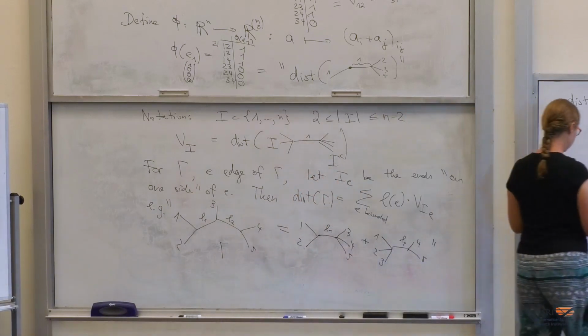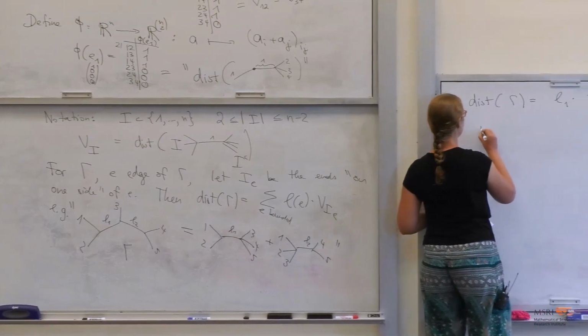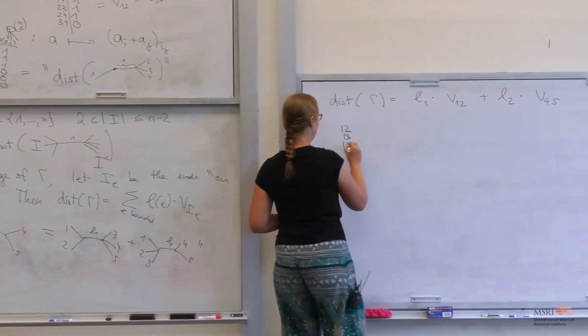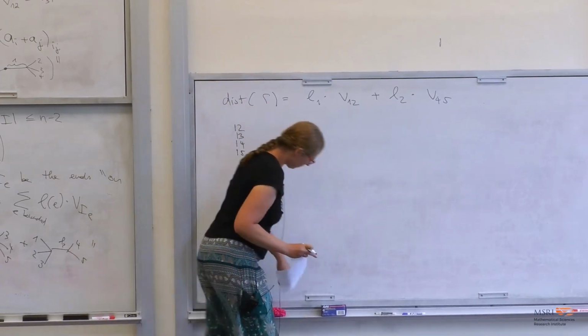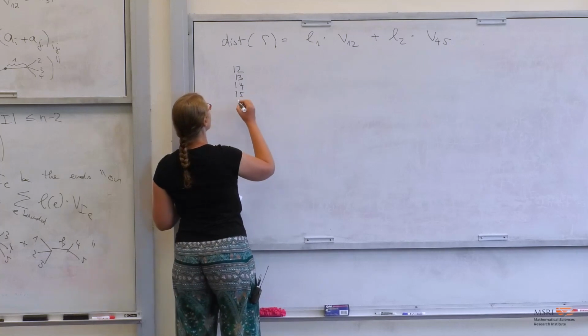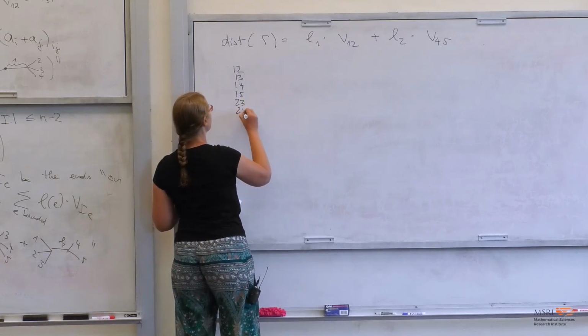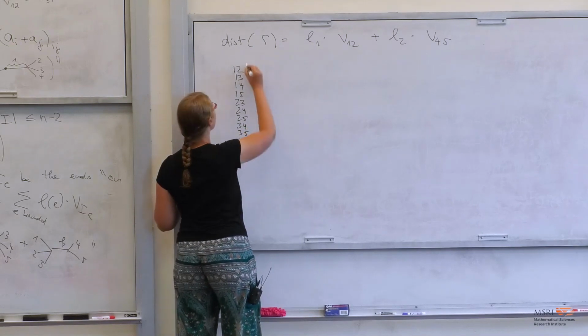Okay, and as I said, we should, at least in this example, actually prove this. So let me write down all the coordinates for M05. 1 2, 1 3, 1 4, 1 5, 2 3, 2 4, 2 5, 3 4, 3 5, 4 5.